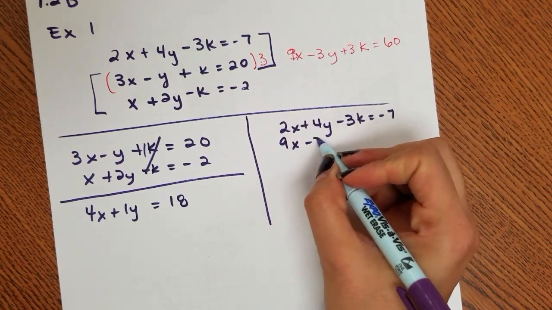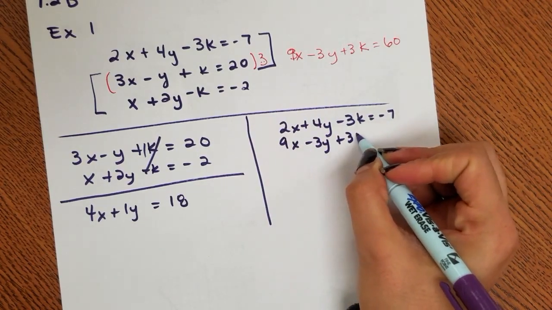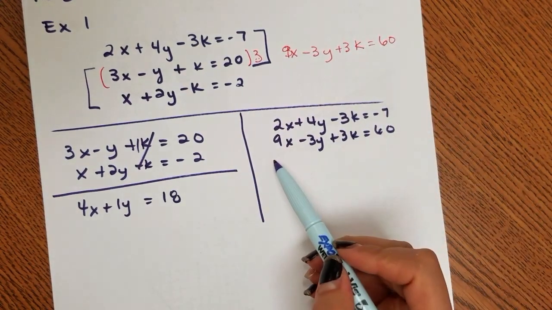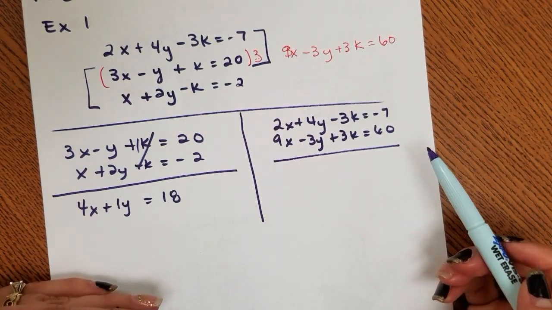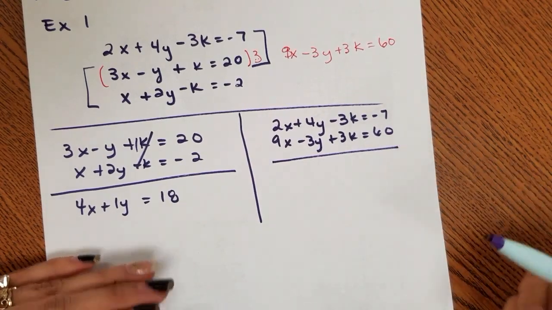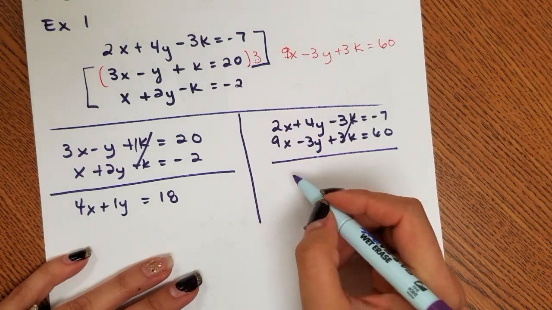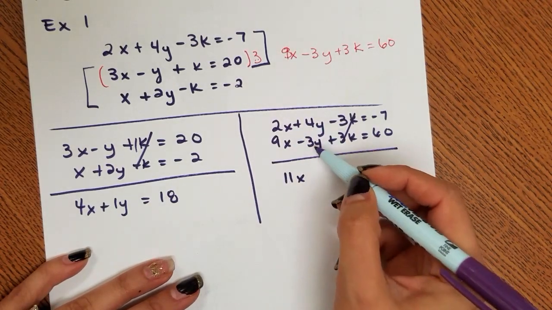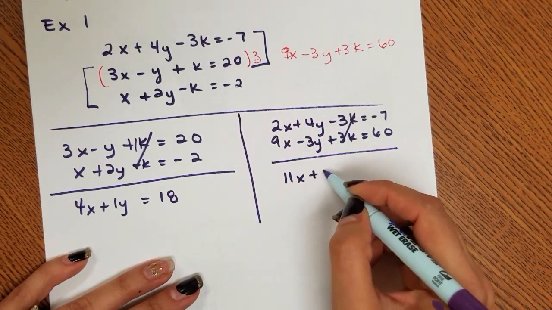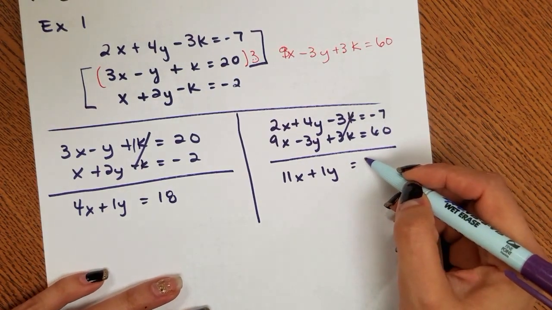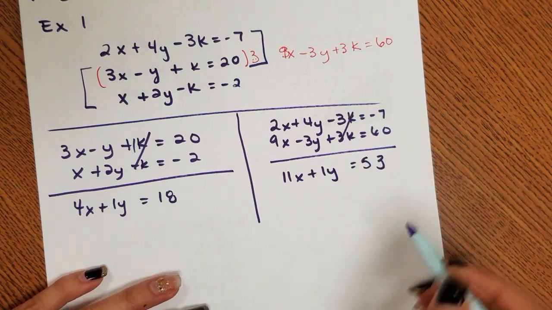So 9x minus 3y plus 3k is equal to 60. And I'm going to go ahead and combine them to eliminate that k. So those are going to cancel. 2 plus 9 is 11x. 4 minus 3 is positive 1y. Negative 7 plus 60 is going to give me a positive 53.